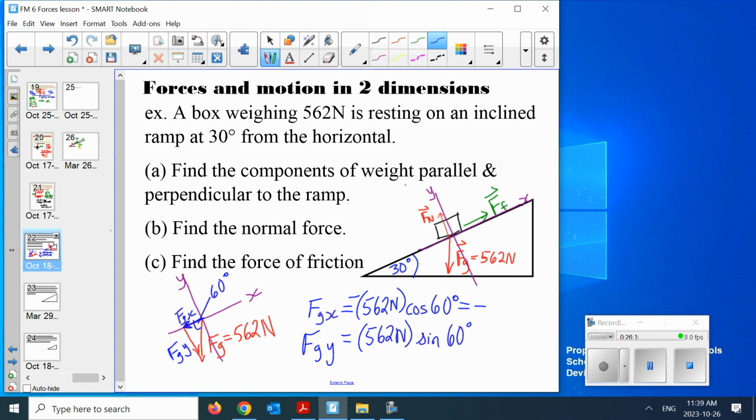I would use my calculator. I have it worked out from before. Negative 281. You told me why that needs to go. Likewise, for the y-axis, it's going downward, so I'm going to call it negative. You got to make that decision. And that is when I calculated 487.